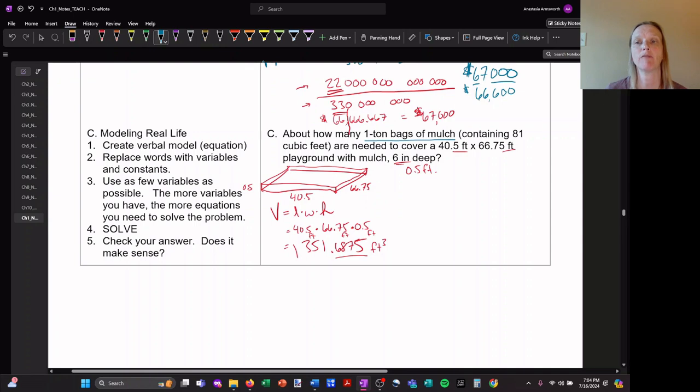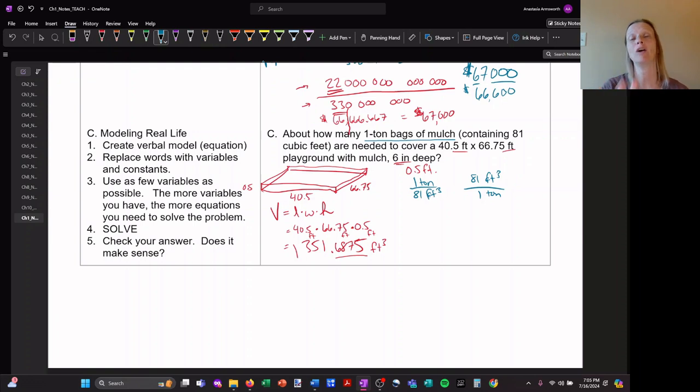And a 1-ton bag of mulch contains 81 cubic feet. So 1 ton is 81 cubic feet, or 81 cubic feet is 1 ton. I need to use one of those conversion factors to kind of take this number and convert it into bags of mulch. And then once I have that final answer, then I'll round it to a sensible number of significant figures.